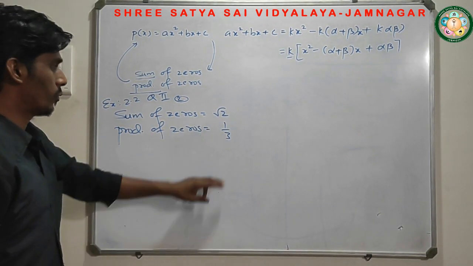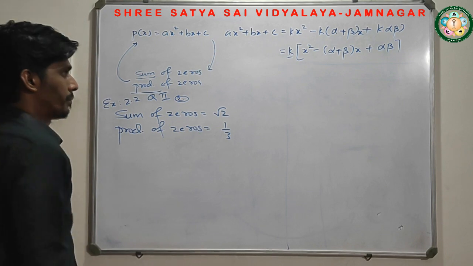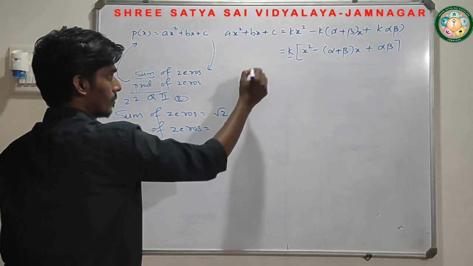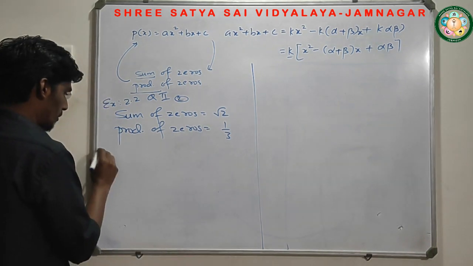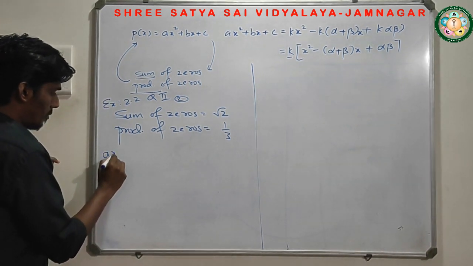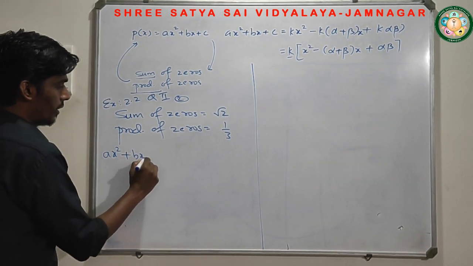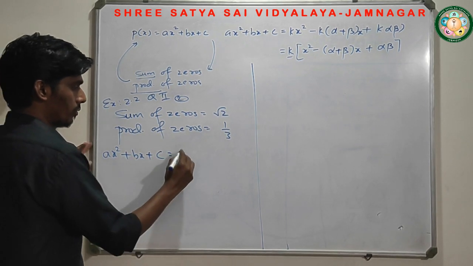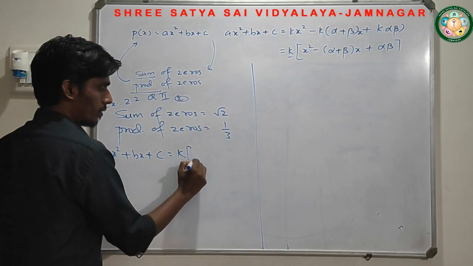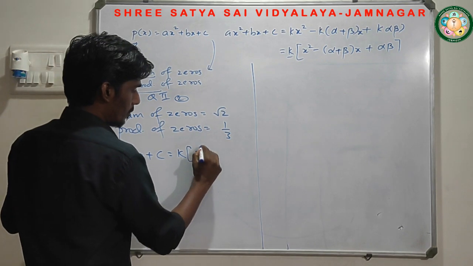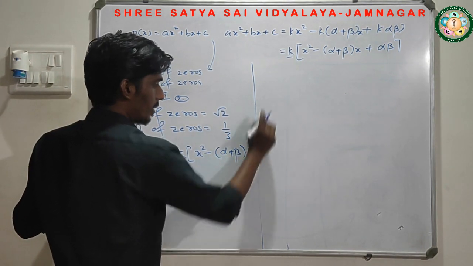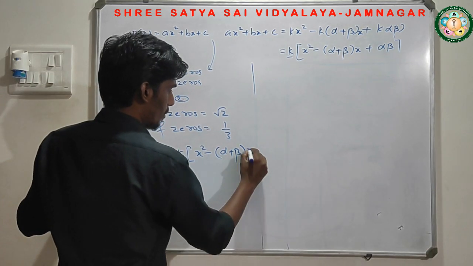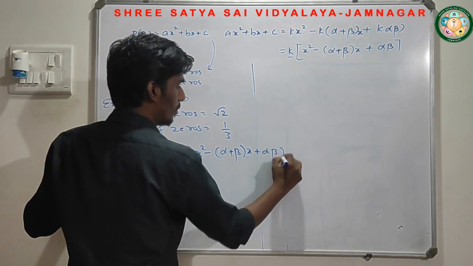Root 2, and this is 1 by 3. So here ax square plus bx plus c equals k, inside the bracket, x square minus alpha plus beta times x, plus alpha into beta.